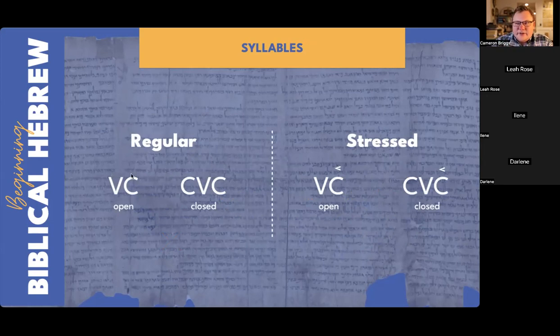In the regular, there's no stress marks, but if it is an irregular syllable that receives a stress when it typically wouldn't, we have to mark it so that we know how to pronounce it correctly. And the stress mark, it's very crucial that we put it over the first consonant of that syllable. We don't want to put it over the second one, because when we start smushing the syllables together in a long word, then that's going to be really tricky. We want to make sure that we put it over the first consonant of the stressed syllable. We wouldn't want to put it over the second one.